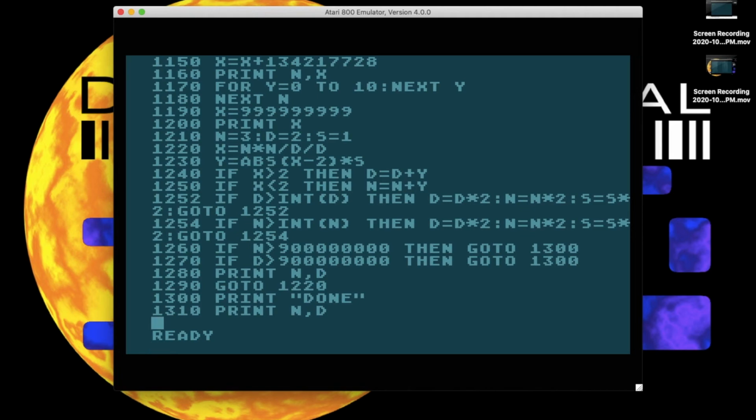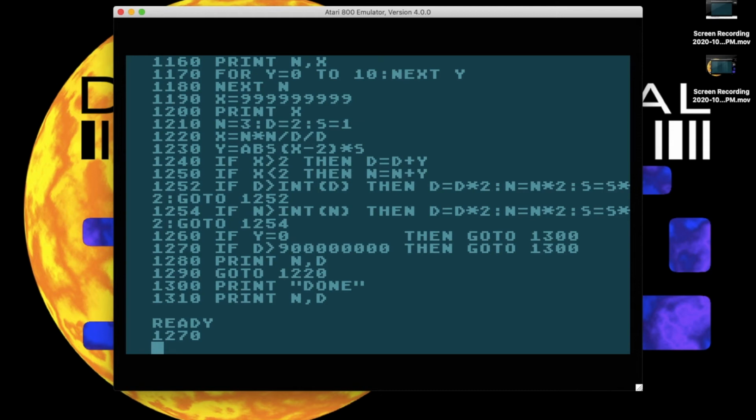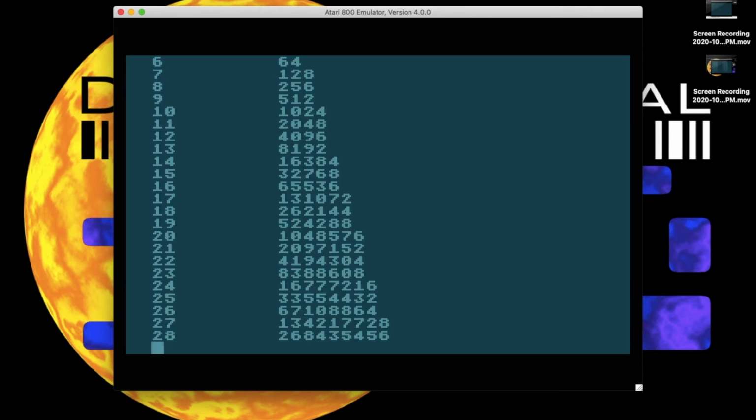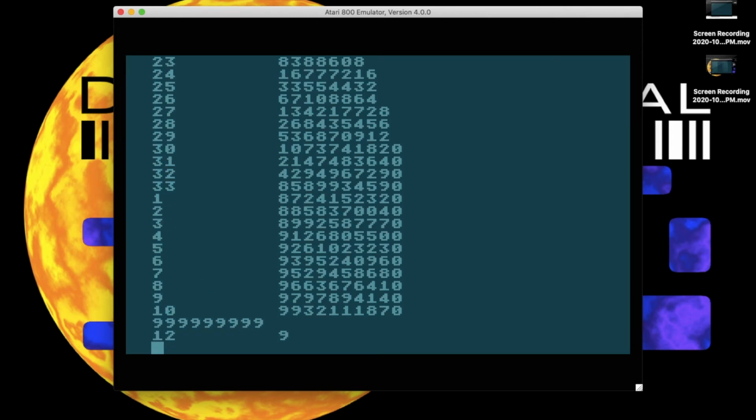So we'll change these. If y equals 0 and that, we'll just remove 1270. Because apparently that's what it was doing before, was hitting 0 and then nothing changed.